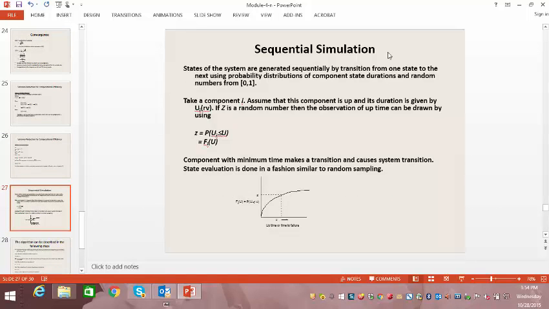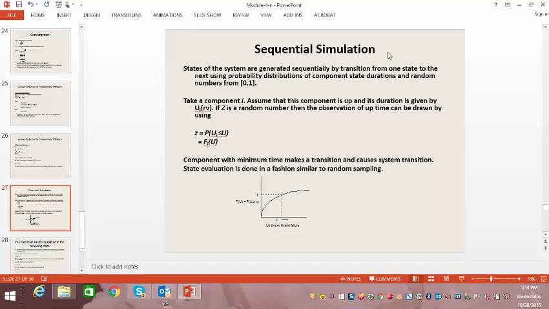Now how about the sequential simulation? The random sampling is generally a preferred method whenever we can use it. And random sampling is much easier to use when the components are independent, because you can sample the components independently to construct the system state.